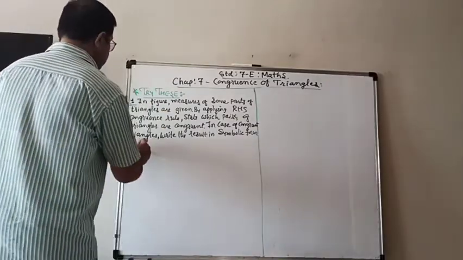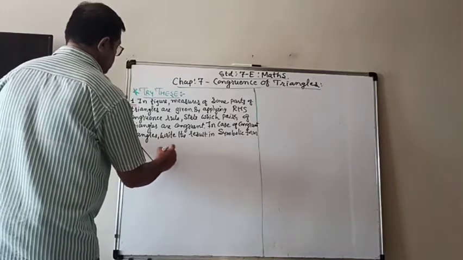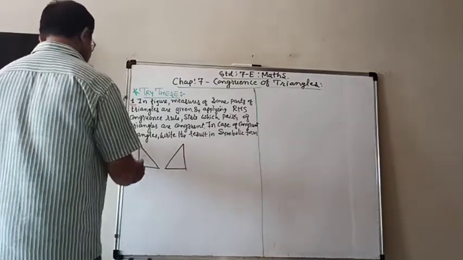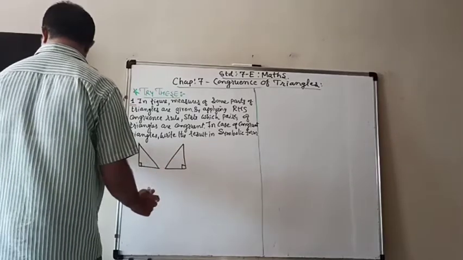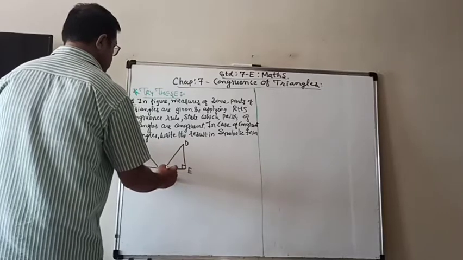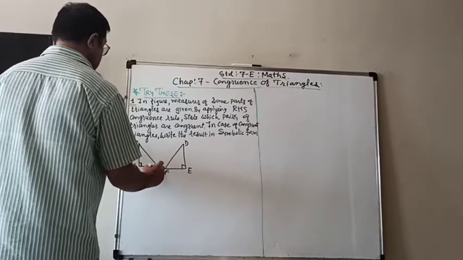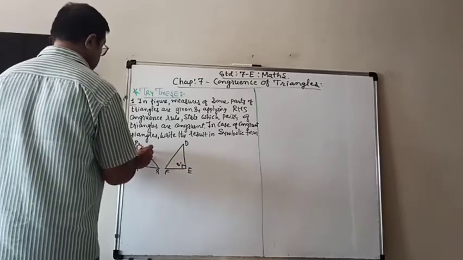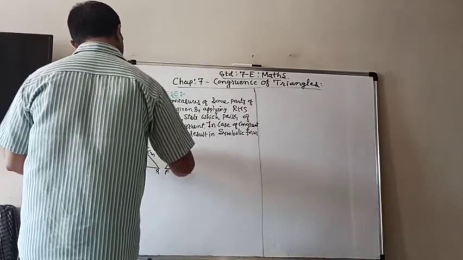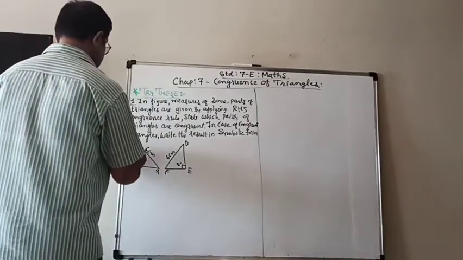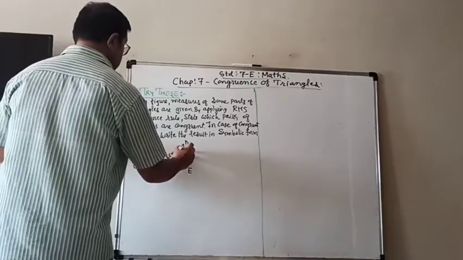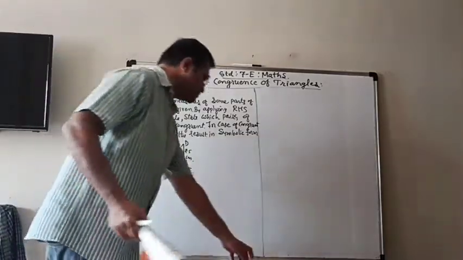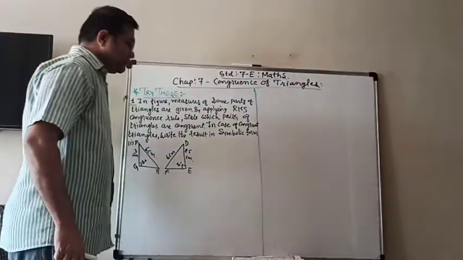In the first pair, you can see that some parts of these two triangles are given.